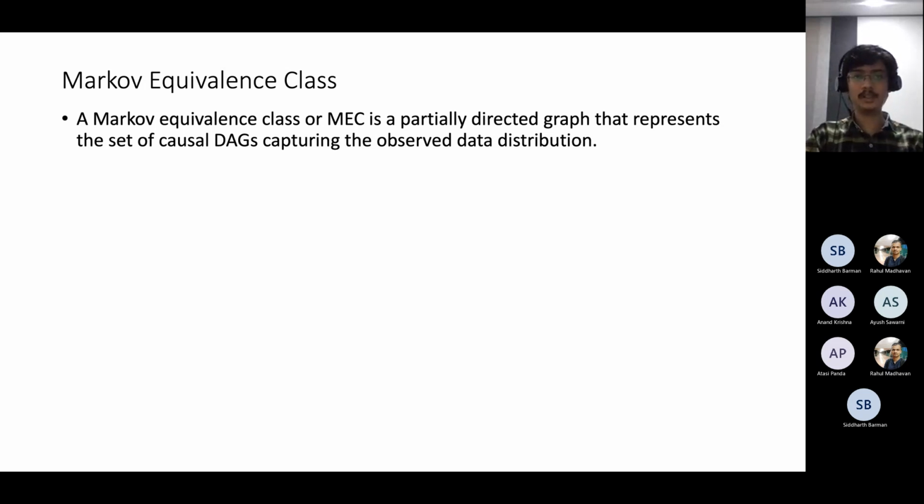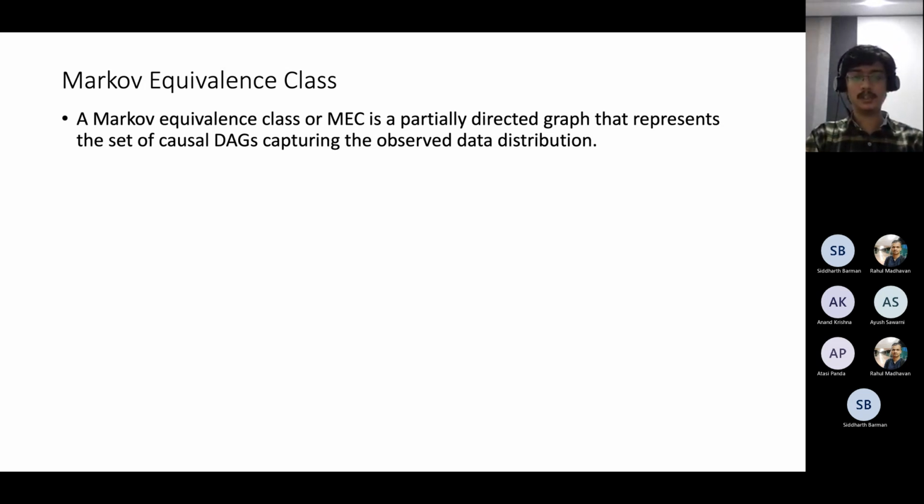What this means is that any DAG that has exactly the same conditional independences as the observed data distribution captures the observed data distribution. So a MEC just represents this set of causal DAGs, all having the same set of conditional independences as the observed data distribution.